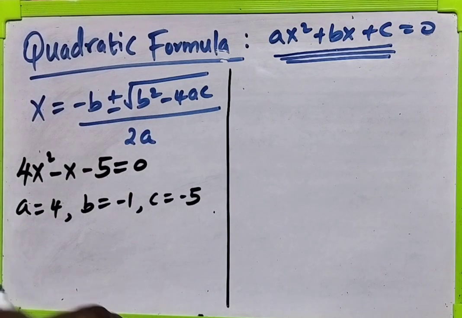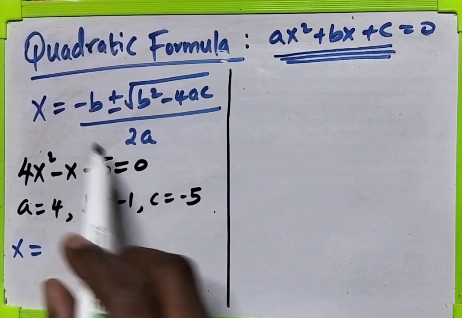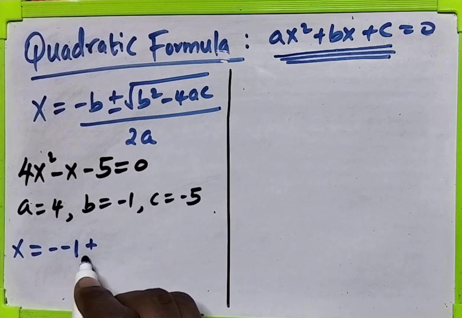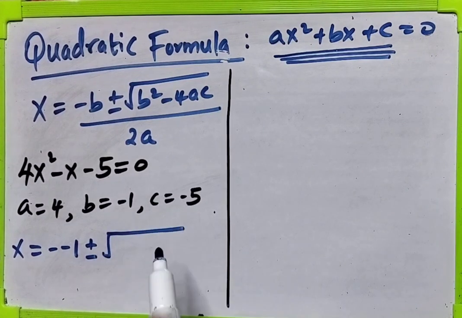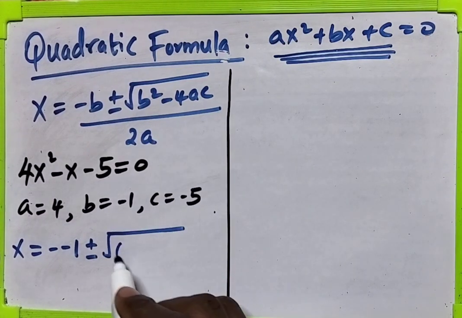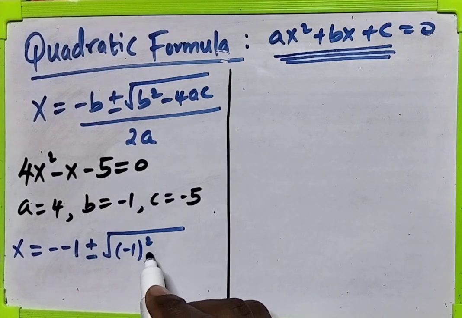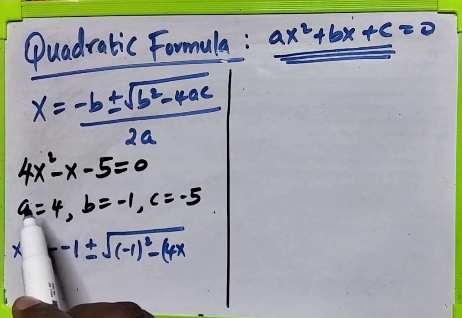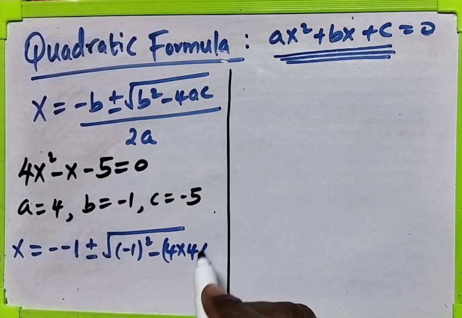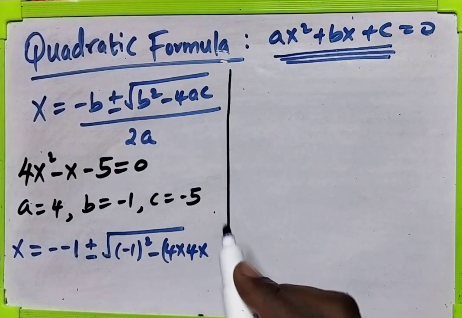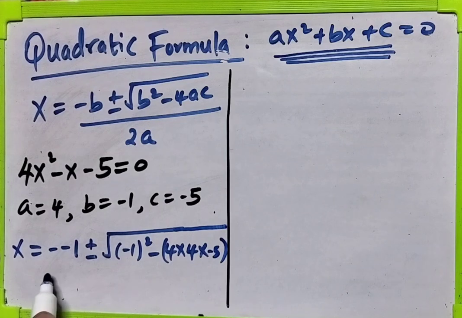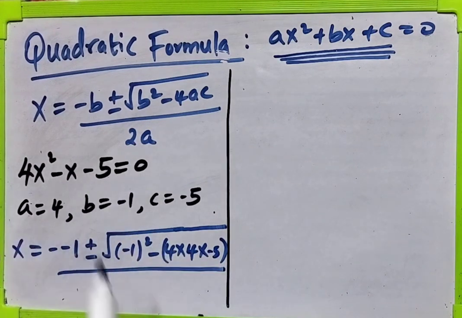So x shall be -b, -(-1), plus or minus the square root of b squared, (-1) squared, minus 4 times a, which is 4, times c, which is -5. And that square root cuts across to the end. Then all over 2a, 2 times 4.